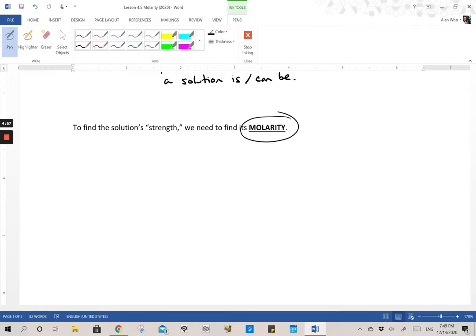We're looking at it from the perspective of moles. So molarity is represented by capital M, and it is equal to the moles of solute over the volume of solvent in liters.